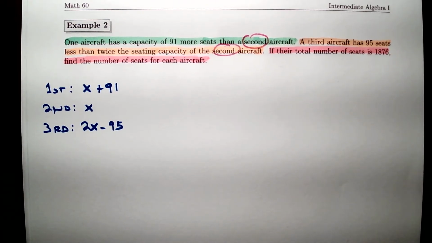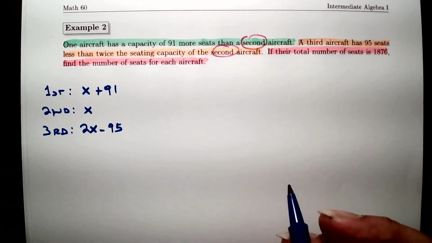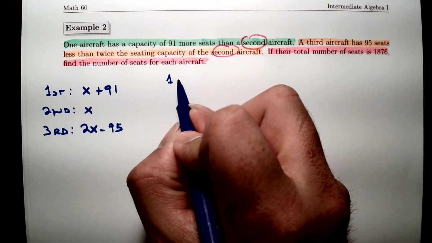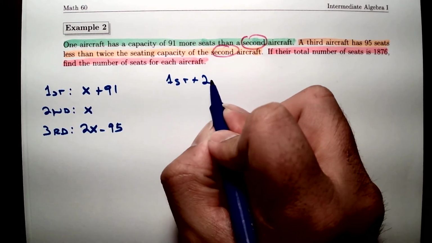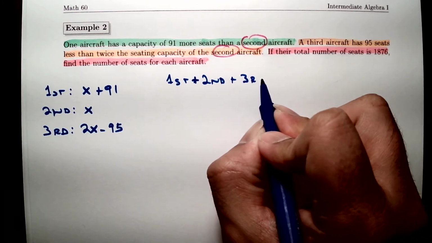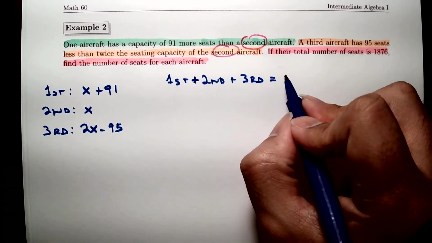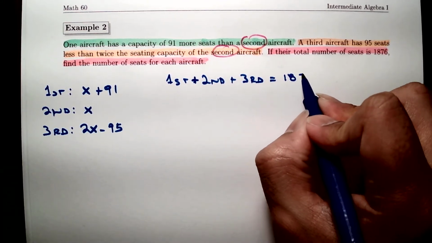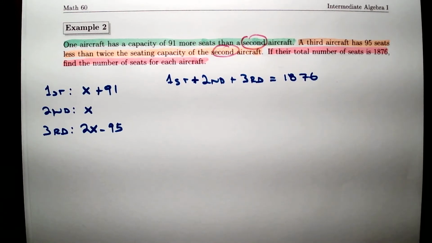So first plus second plus third equals 1876.